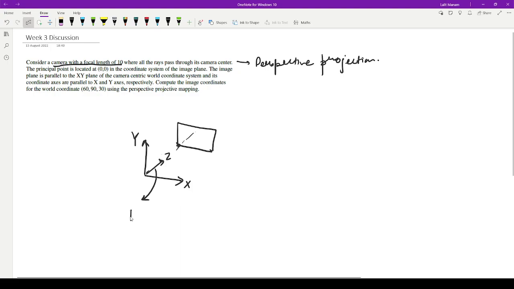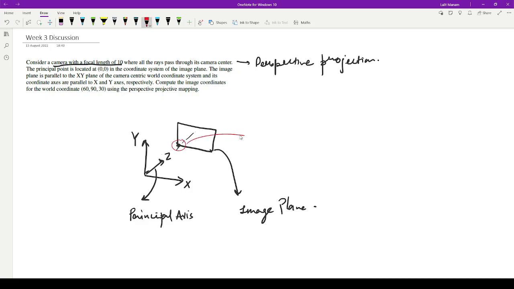So this is the principal axis, right? And the point at which this principal axis intersects the image plane, this is the image plane, this point of intersection here is the principal point.